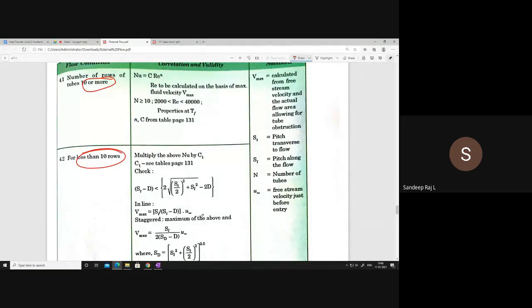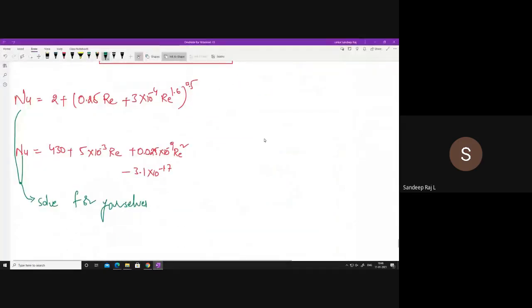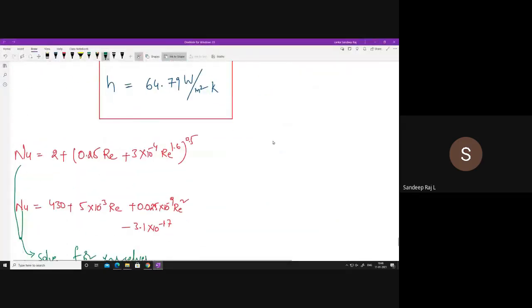See, let me tell you why I have covered all this very fast. Most of the times in the examination, among the cases given here in external flow, you have like four cases. The first one is the flat plate, and the second one is the cylinder.